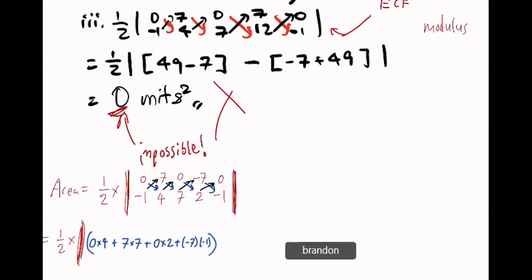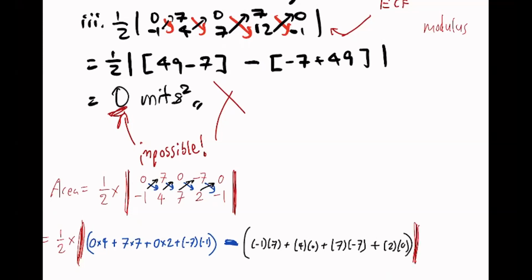Then you subtract away: bracket, up. -1 times 7 plus 4 times 0 plus 7 times -7 plus 2 times 0. Close the bracket. Then modulus.